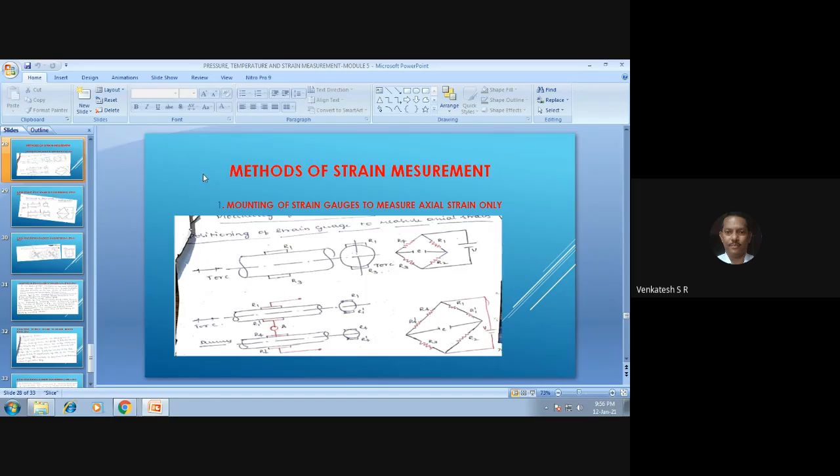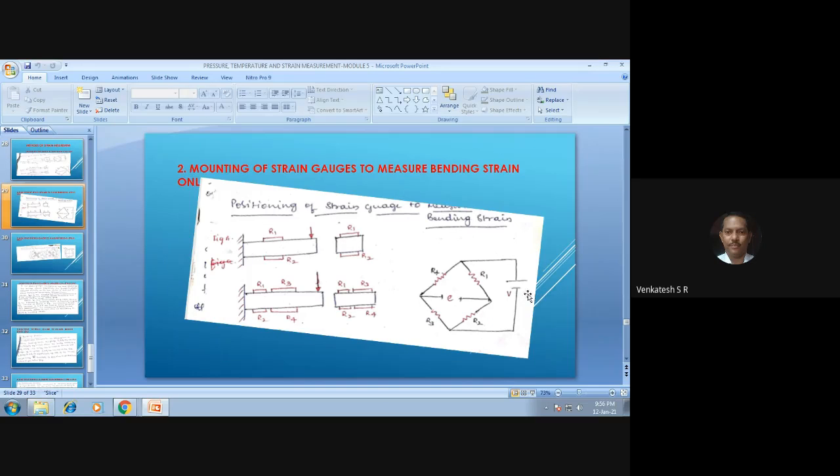Next line write down. Number 2, mounting of strain gauges to measure bending strain only. Bending strain only. Next line write down.